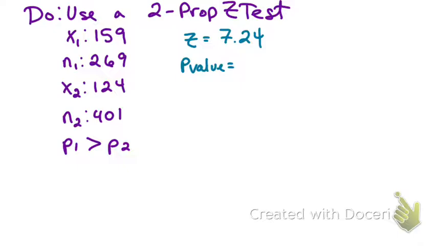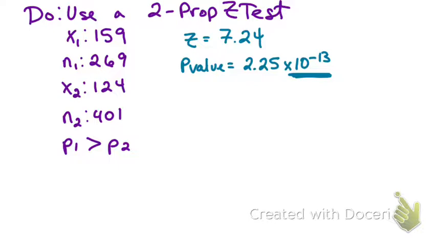And look at your p-value. What is that p-value? 2.25 times 10 to the negative 13th. You guys, don't miss that.